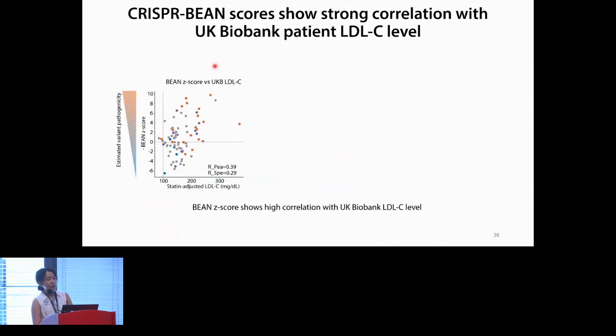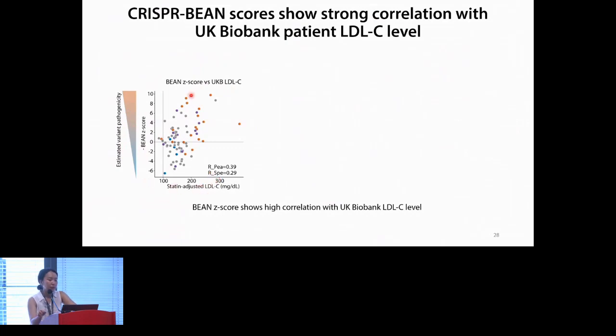And lastly, one of the unique results that we have is that our phenotype is a continuous phenotype, which is LDL-C level, and we have the patient phenotype as a continuous value of the concentration of LDL-C, so we can directly compare those two scores, which is the Z-score from our model versus the patient's LDL cholesterol level.